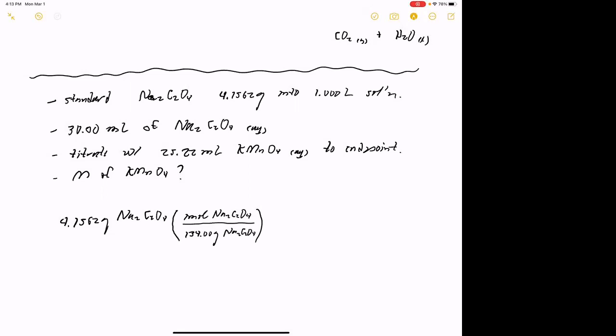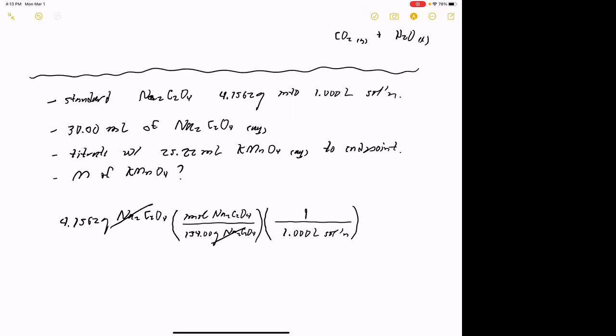So grams of sodium oxalate are going to go away there. I've got moles now, and to get to a molarity, I need to divide my moles by my liters of solution, so I'll put a 1 up here as a placeholder so that the liters of solution go on the bottom.